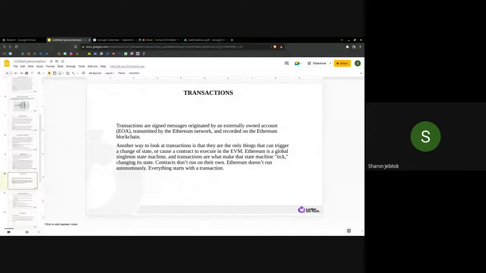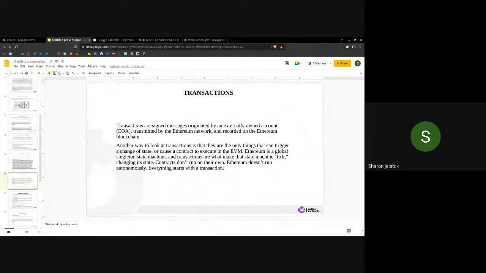Okay, so I was talking about transactions, and I was saying that an externally owned account is like your account on MetaMask. Let's say you want to send someone some Ether, or buy an NFT. To do that, you'll have to confirm on MetaMask. That confirming is the signing or verifying of the transaction.